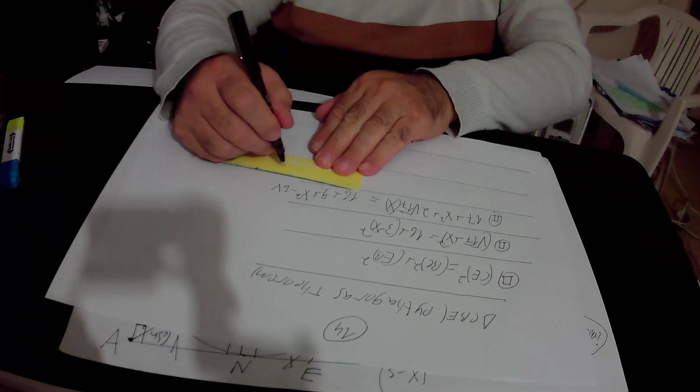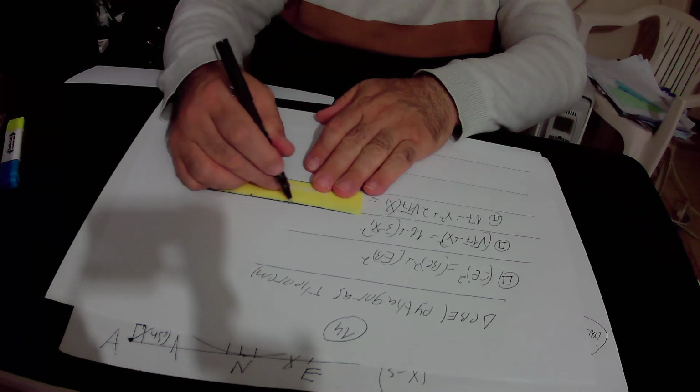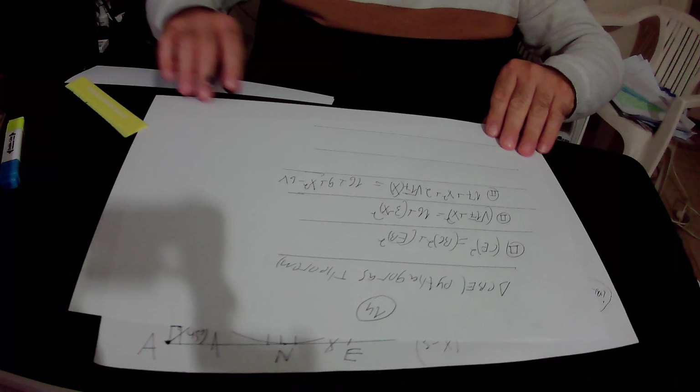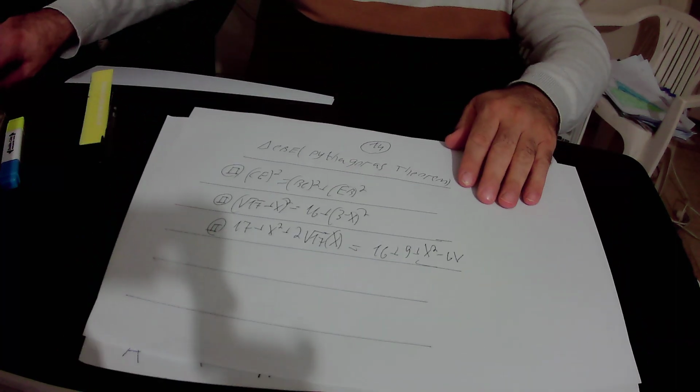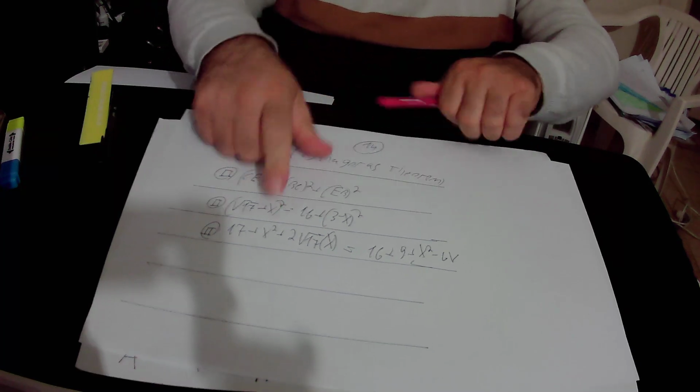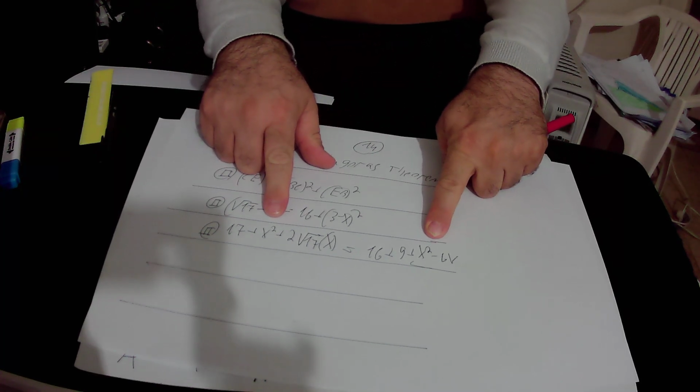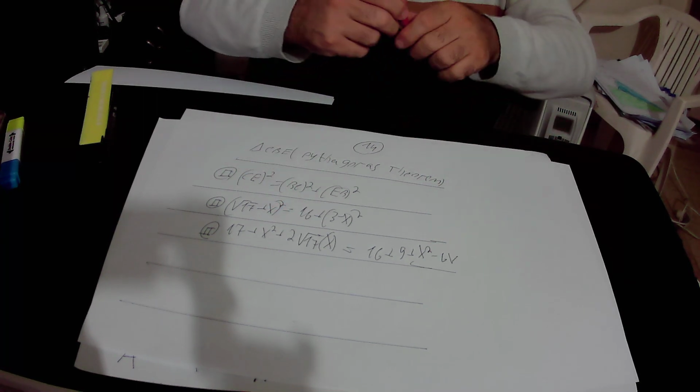Here we have x squared on both sides of equation number 2, so x squared will get cancelled.